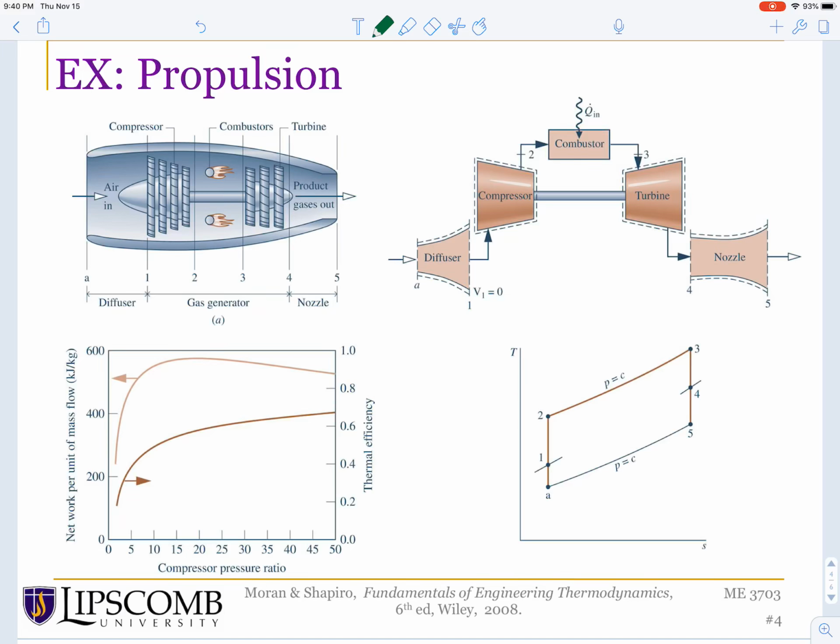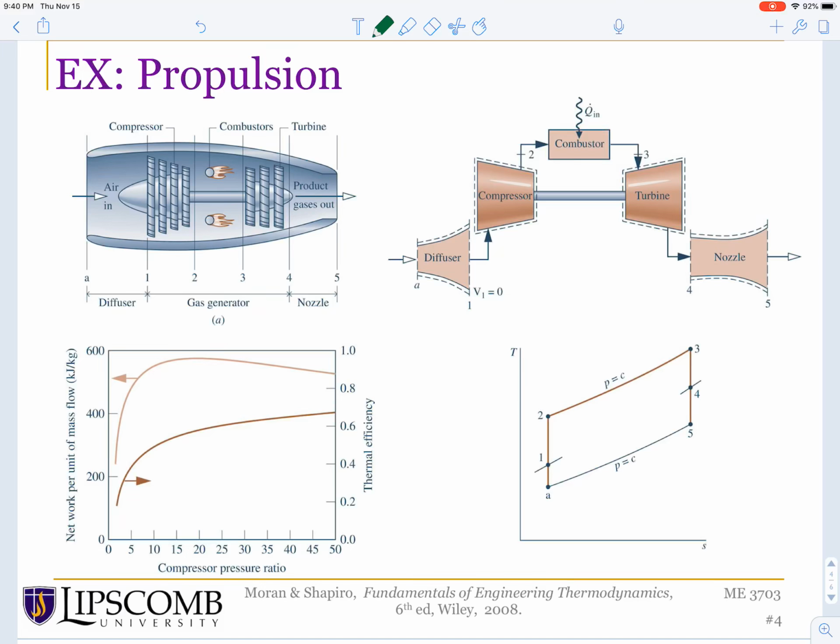Now let's look at a couple of interesting examples of how Brayton cycles are used. One would be a jet engine. If you've ever flown in an airplane, you're familiar with the Brayton cycle. So conceptually, we can start at the top left here, and we see the compressor compressing the air as it comes in.